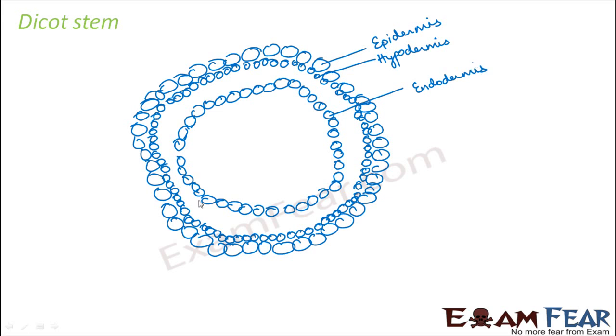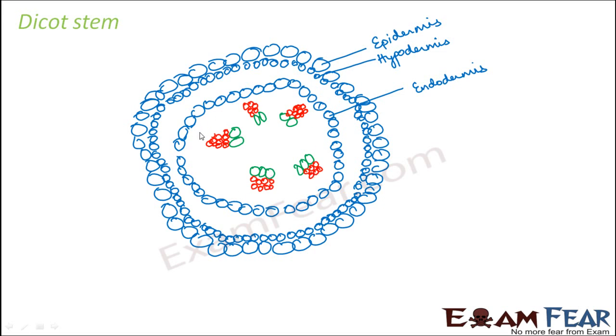Now what about the vascular bundles? Where do we have the vascular bundles? Here also we will see that the vascular bundles are in a scattered form. However, the pattern of the vascular bundle is a little different from that of the monocot stem. Let us have a look. This is the pattern of the vascular bundle.